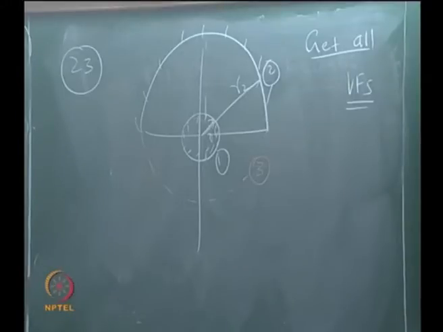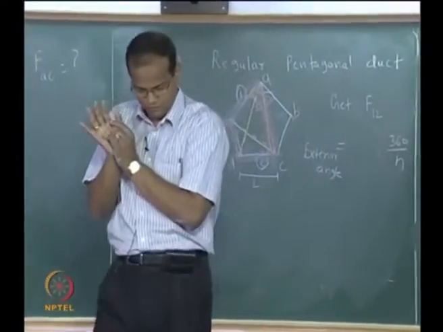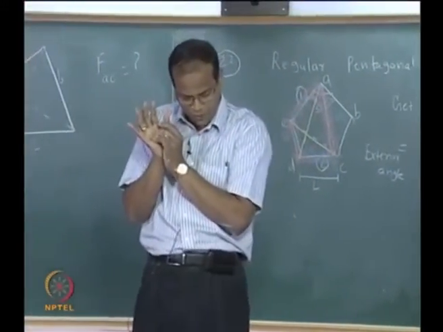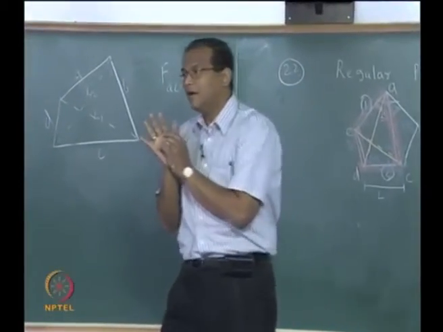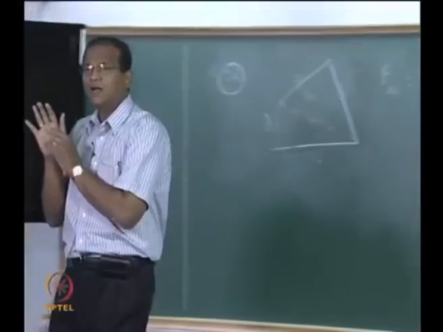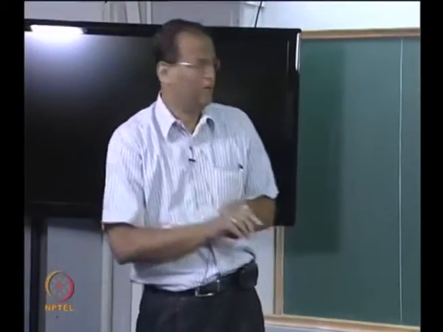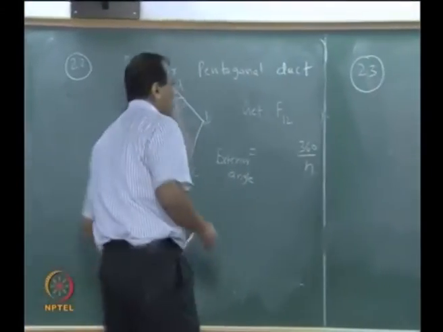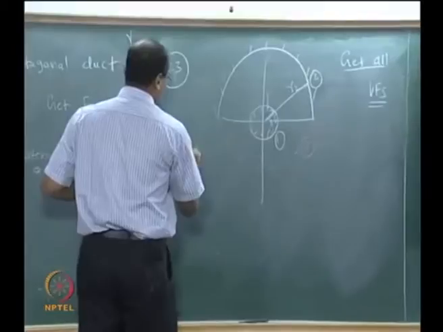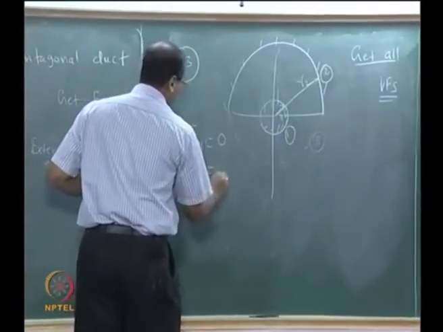Okay. F12? F1, 0.5, F13, very good, because the symmetry is there, right. So F12 equal to F13, why? By symmetry, correct.